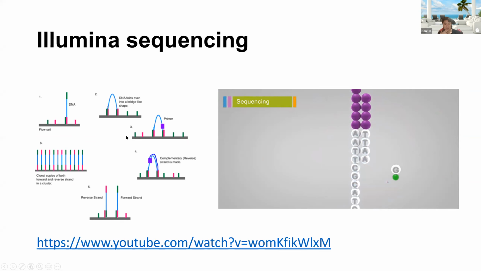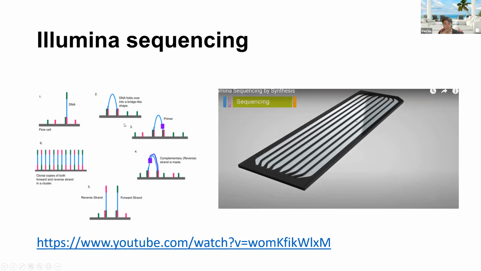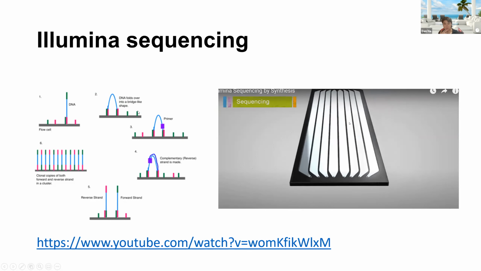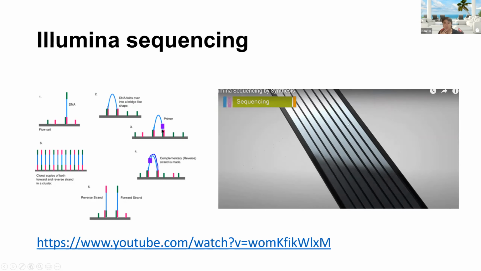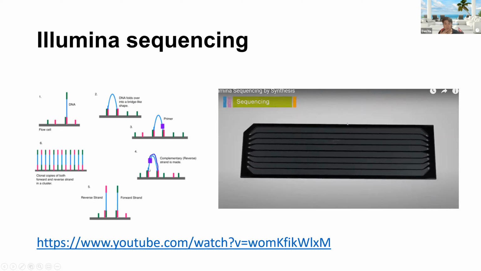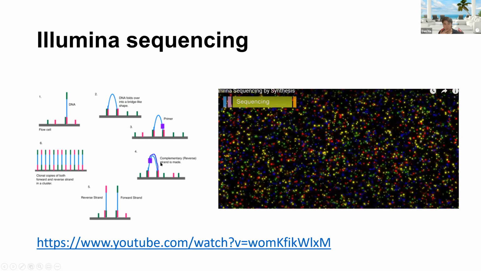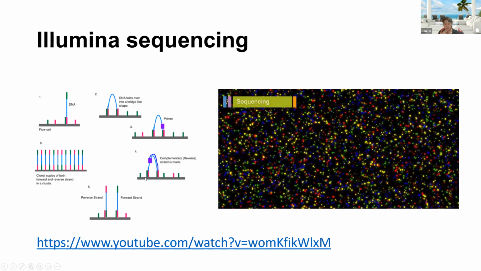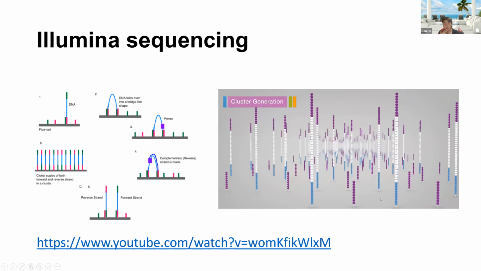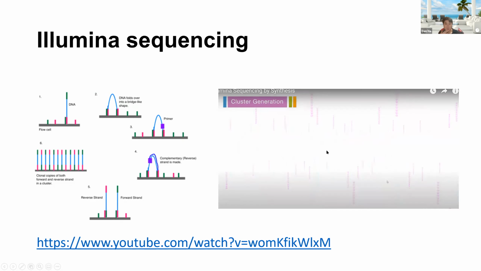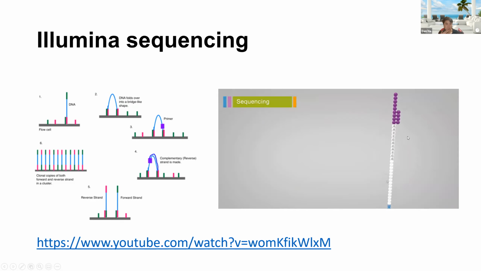Then they amplify these small fragments of DNA with a technology called bridge amplification. Depending on the cycles you perform, you can get either paired end or single end reads sequenced.